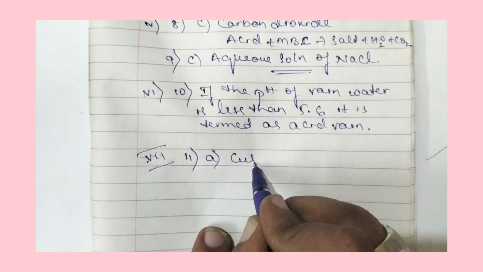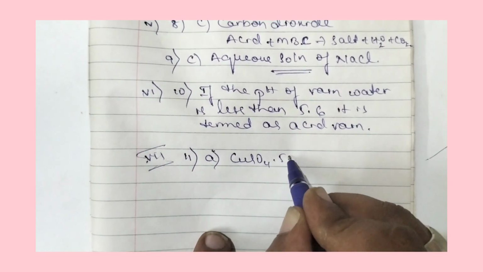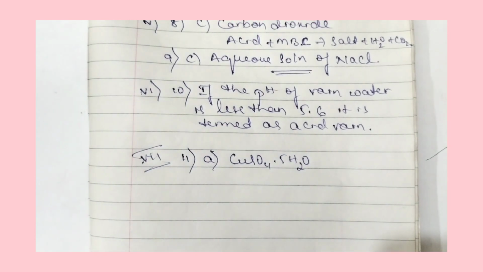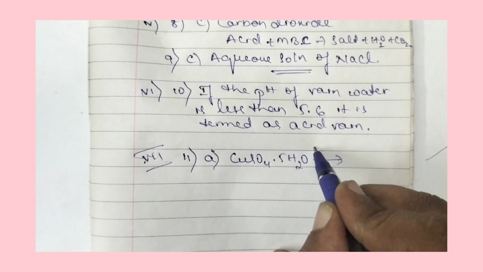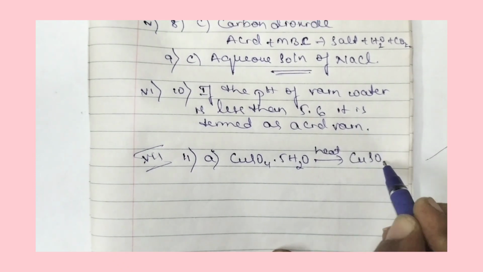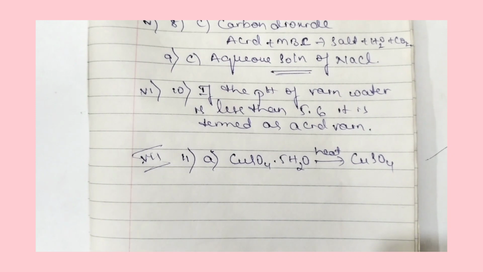Copper sulfate is CuSO4 5H2O, that is, it contains 5 water molecules. When we heat it, it loses 5 molecules of water and becomes CuSO4.